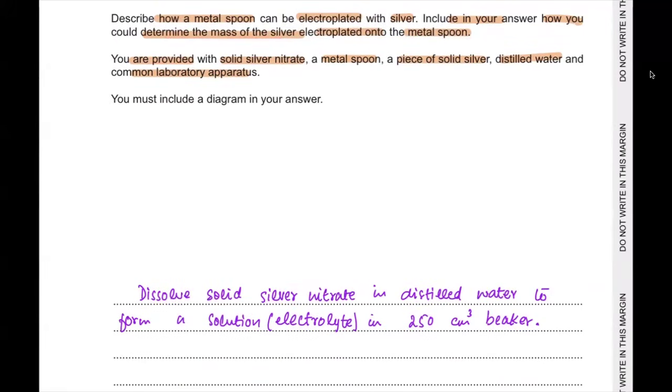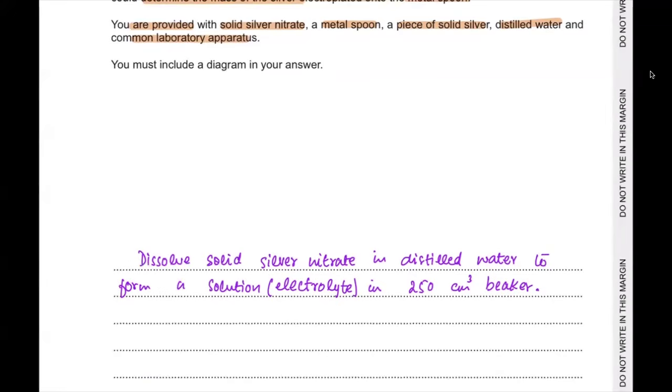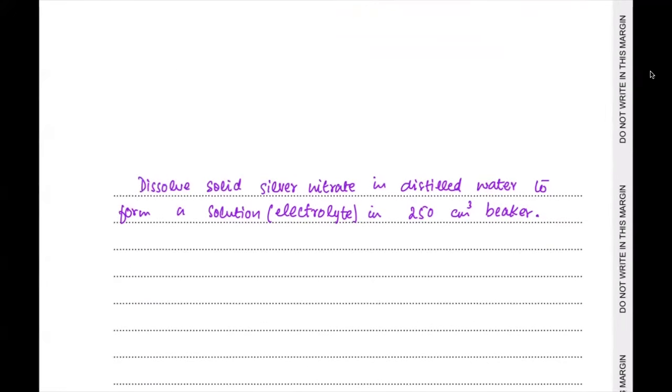You can weigh and record the mass of the spoon before the electrolysis, and then after electrolysis, you can take it out, and after drying, you can take the mass of the spoon again, and then take the difference. It will help you to determine the mass of the silver deposited on the metal spoon. Okay. Yes, very good.